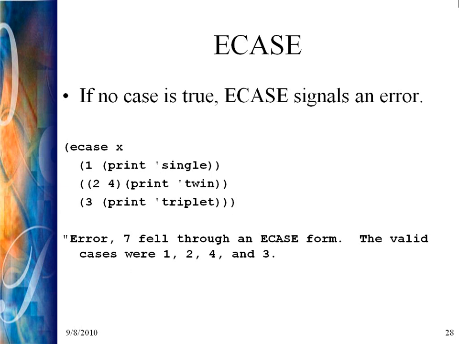Now, there is a variant of case called ecase, and if you fall through, if none of the cases is true, you'll get an error. Typically, you use ecase when you're initially programming.